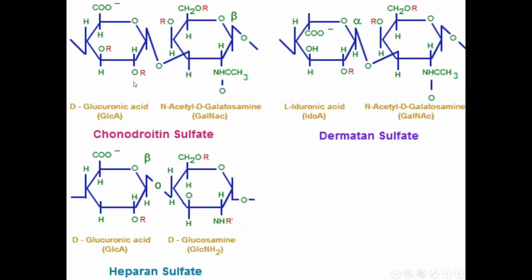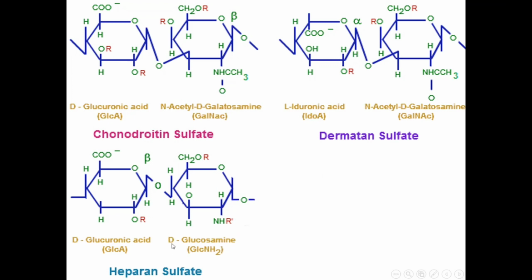For example, when we have these two carbohydrates, such as glucuronic acid and N-acetyl-D-galactosamine, repetition of this disaccharide makes chondroitin sulfate. When we change the first sugar, the second one being the same, the name of the GAG changes. It gives dermatan sulfate.